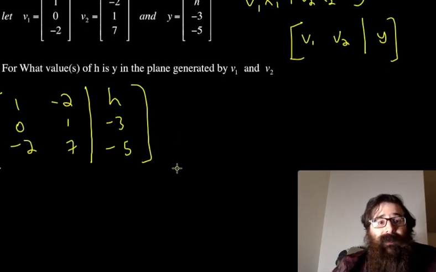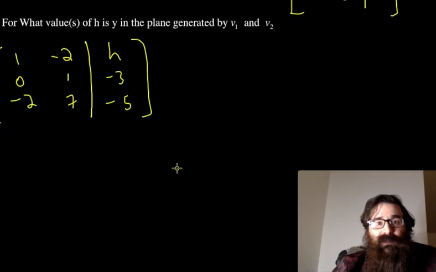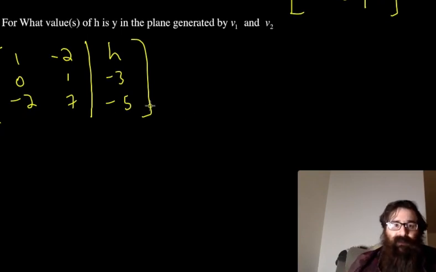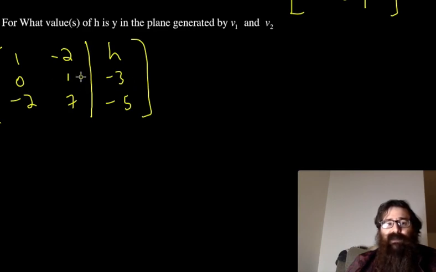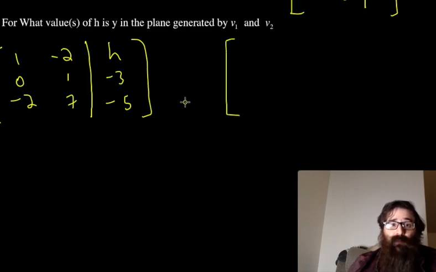Now I can go ahead and try to do some row reduction. You know, really no wrong way to get started. Here I'm going to avoid working with h quite yet, but I can start working with it whenever I want to. Let me try, so it looks like row 2 is really nice. Let me use row 2 to get rid of that 7. I can use that 1 there to get rid of that 7. And I can replace row 3 with row 3 minus 7 row 2.